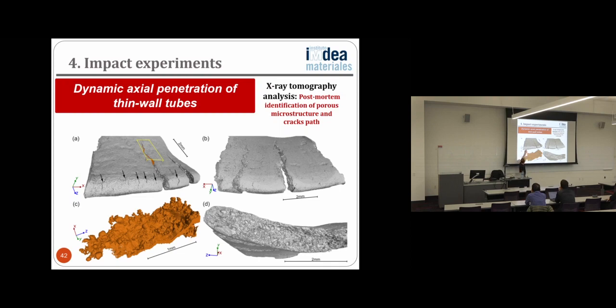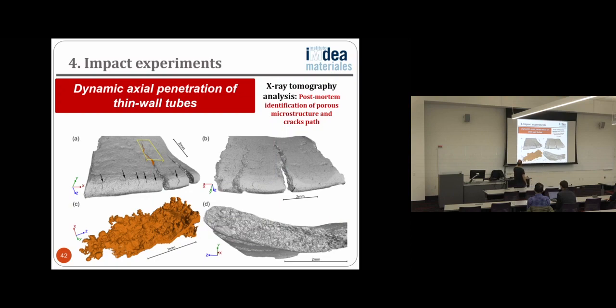The idea was to obtain a 3D reconstruction of the cracks. This is just a fragment, this is the crack, and here you can see in orange the reconstruction of the crack, in order to have an idea about the roughness and try to understand a little better the connection between the roughness and the toughness, and try to identify preferential paths for the crack to propagate, and the relationship with the porous microstructure of the material.